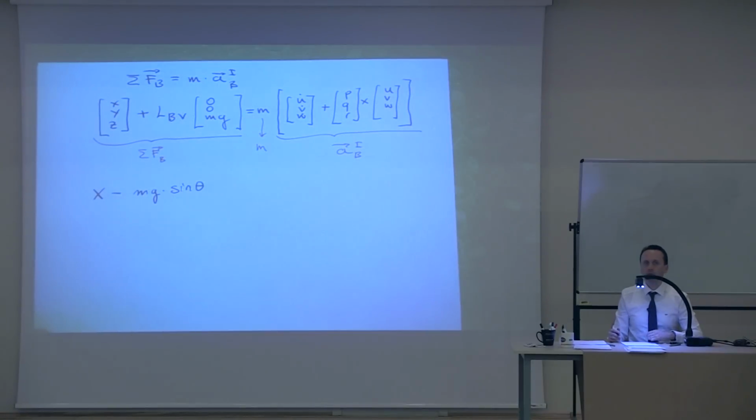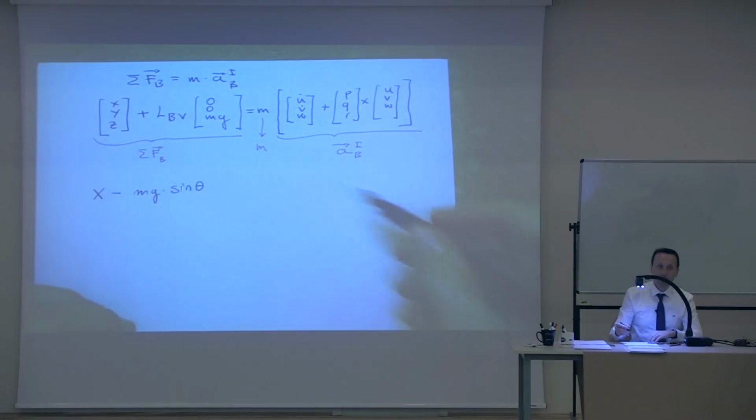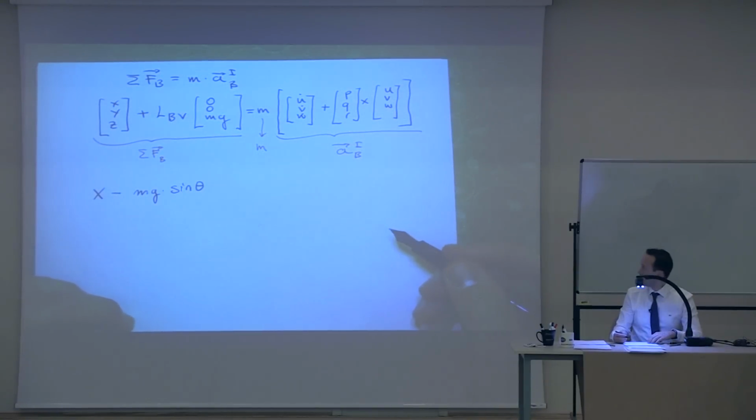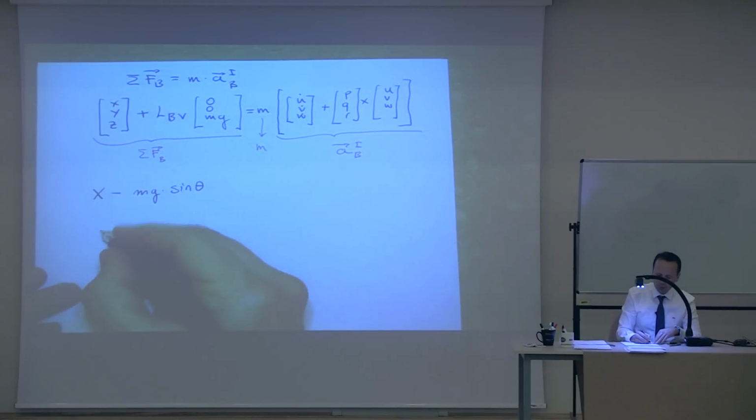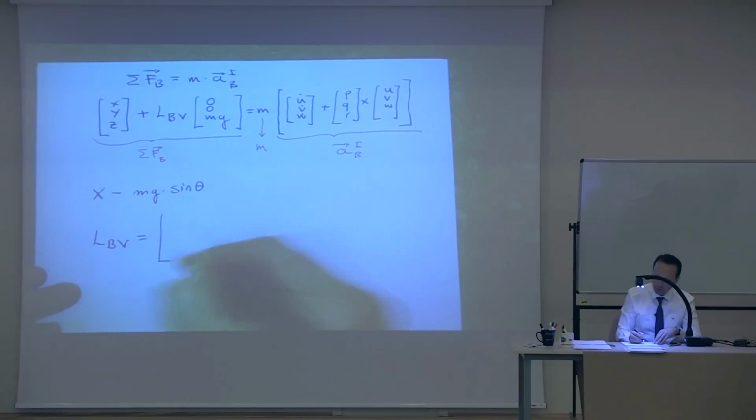You want to look at that? You want to check if I'm doing this correctly? The first row. In LBV, you've seen it? The LBV, the first row should look something like this. LBV, first row, the third column.